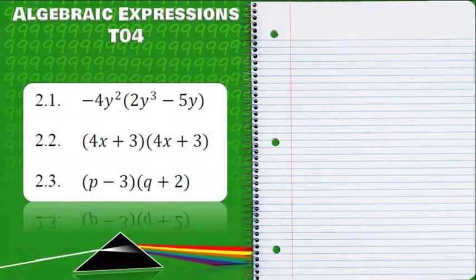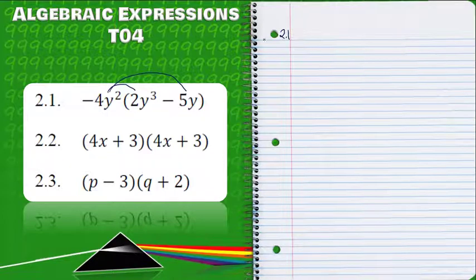Right, so now for question 2. 2.1, in this whole question we simply have to just simplify all these expressions. So first of all, 2.1, we have this bracket, so all we have to do is just multiply out the bracket, and whatever is in front of the bracket we take to all the terms inside the bracket. So we've got three things we need to keep in mind: the sign, the coefficient, and the variables. First, the sign.